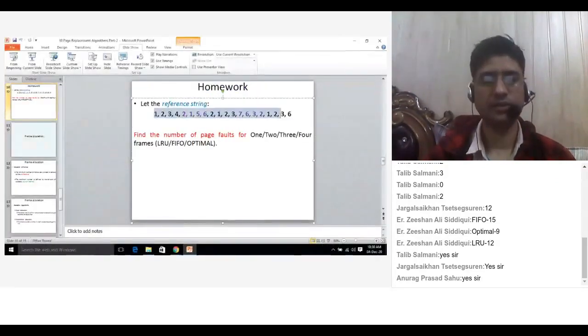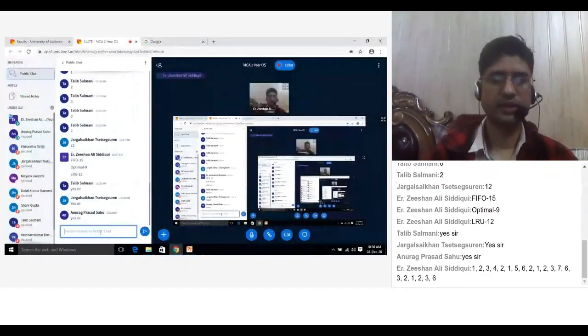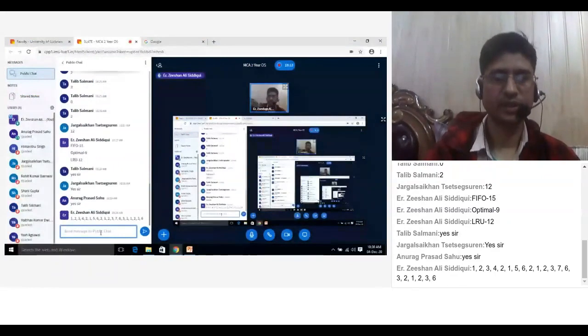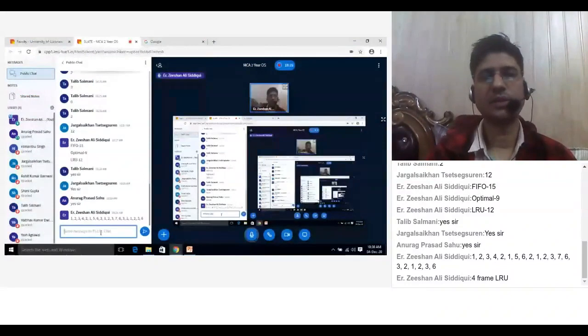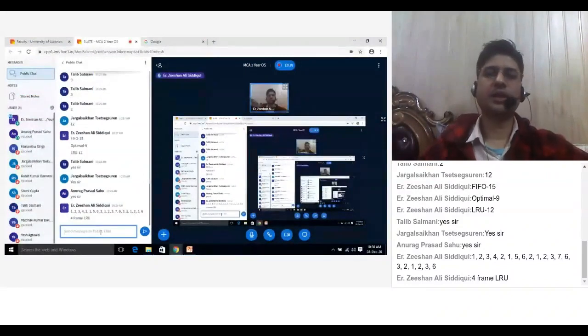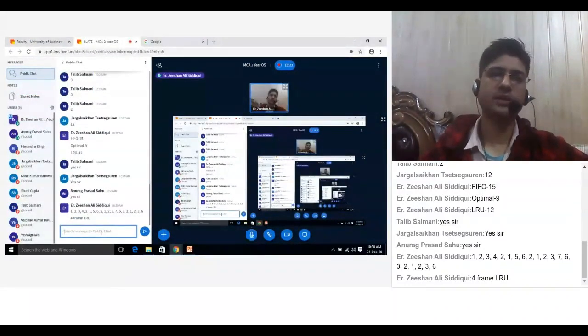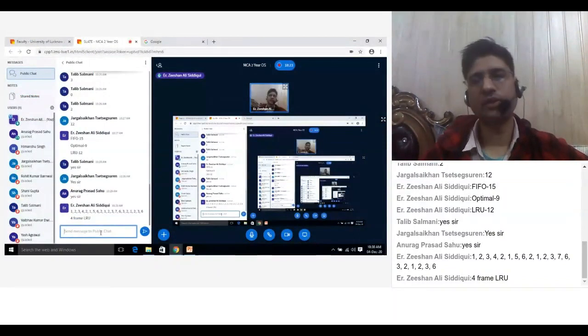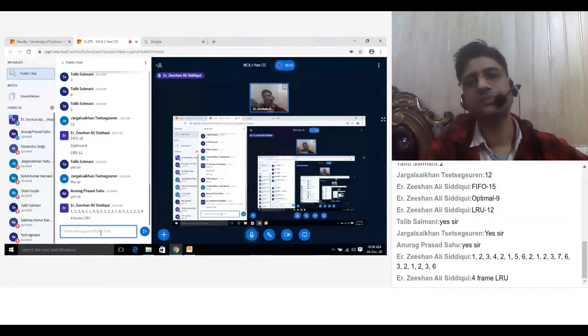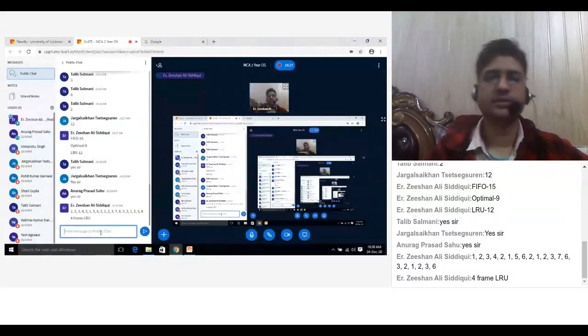This is the reference string and 4 frames, LRU. Tell me the answer. ये अभी करेंगे, बाकी आप घर पे कर लीजिएगा. चलिए सॉल्व करिए इसको. Come on, everyone. 4 frames for LRU. Solve it.